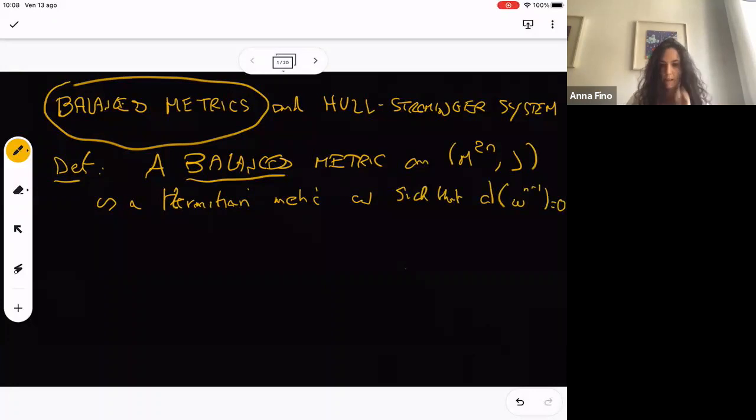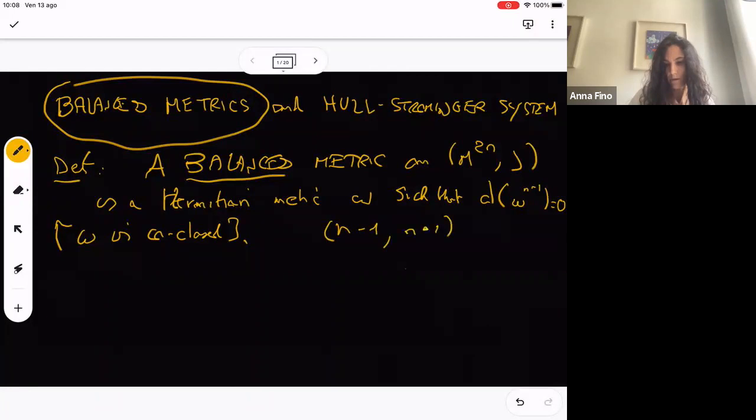That means that omega is co-closed, which is the same thing, and essentially that you have an n minus 1 form which is positive and closed.